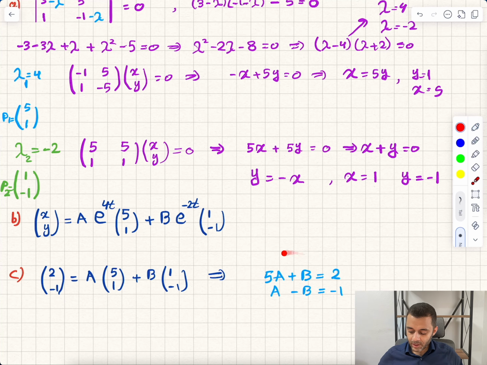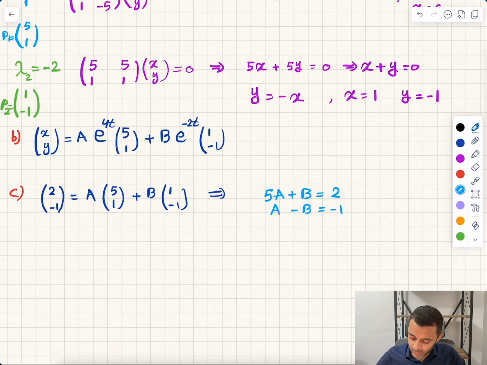So here, as you see, we have a system of equations. You can of course do it only by the GDC, like you are an AI student, so calculator is allowed in any paper, so you can just do it by calculator, or if we do it easily, quickly here algebraically, we can just add them up. 5a plus a would be 6a, b and negative b cancel each other, 2 and negative 1 will be 1, so if you divide, then a will be 1 over 6.